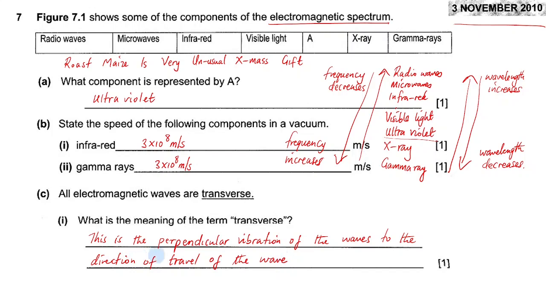If the wave is going like this, then the particles in the medium are vibrating like this. Then such a kind of wave is known as a transverse wave.